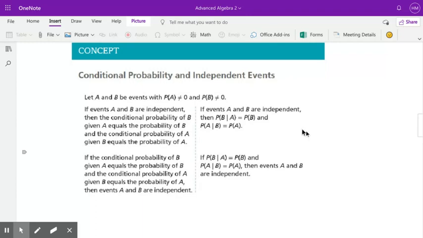Now we also have another test for independence that uses conditional probability. If I've got two events and they're independent, then the probability of B given A is going to be the same as the probability of B, and the probability of A given B has to be the same as the probability of A. In other words, whatever subset you measure that event in is going to give the same proportion as the whole.